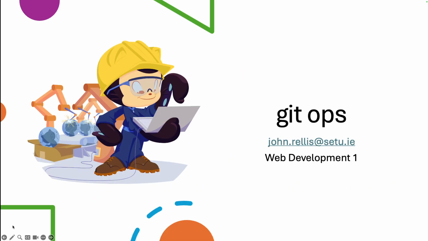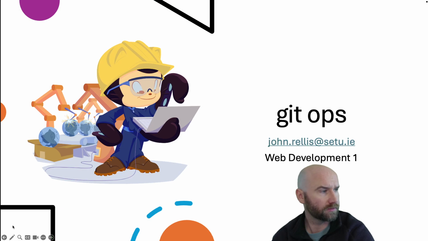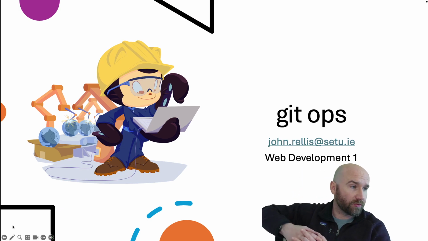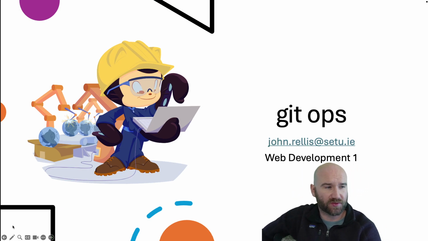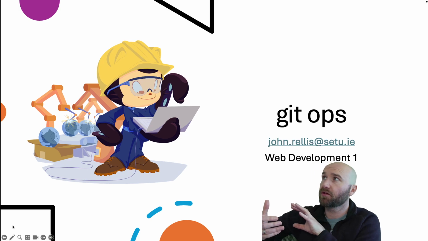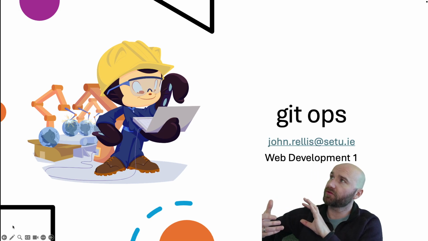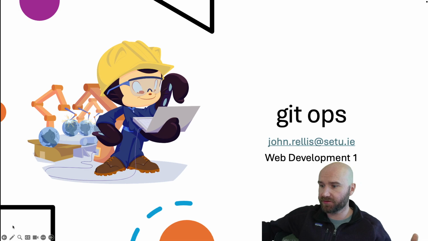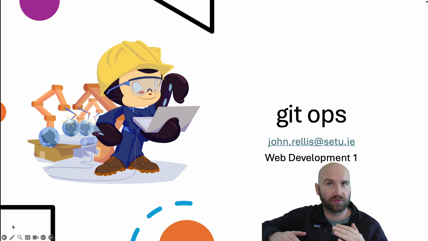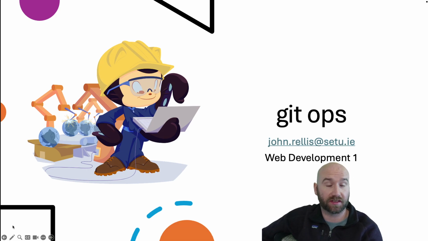Okay, the next thing I want to talk about very briefly. We're touching on broad areas here just to get an introduction into all the stuff Git, GitOps and GitHub can do.